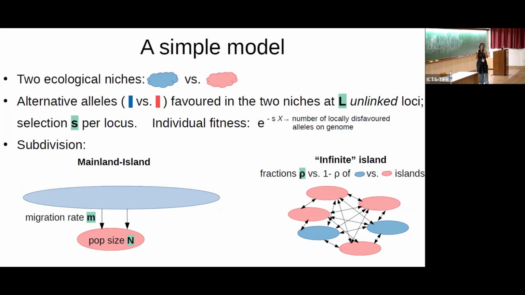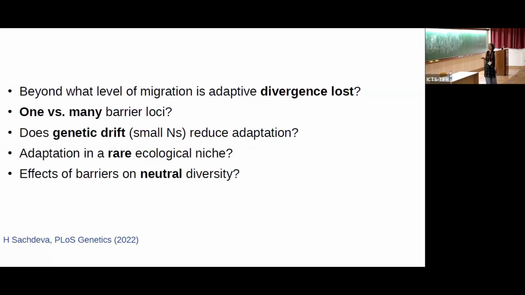So I'll use this to illustrate the basic heuristics that one can use to understand this kind of model, and then just briefly mention more complex architectures where these loci are linked along a chromosome and where selective effects vary, and where there could also potentially be dominance effects.